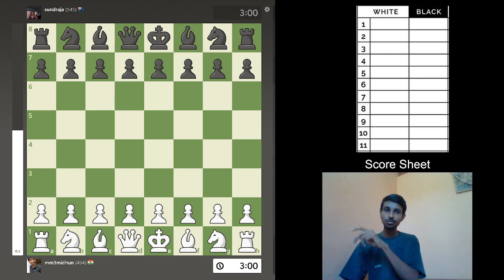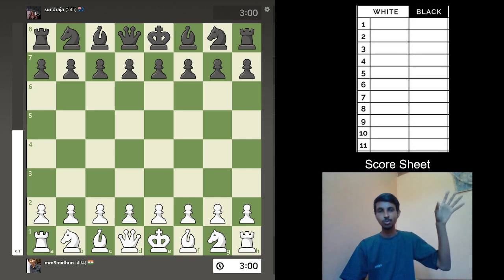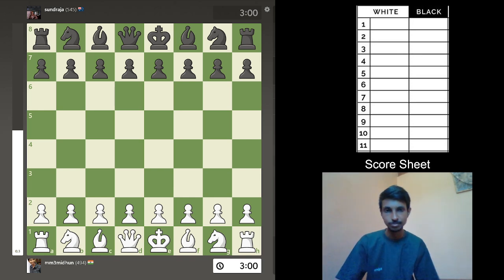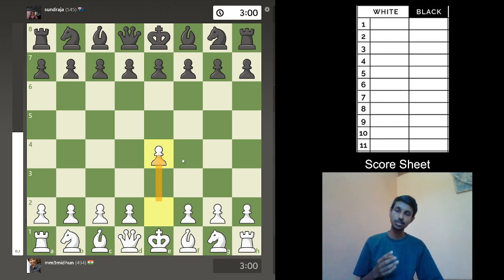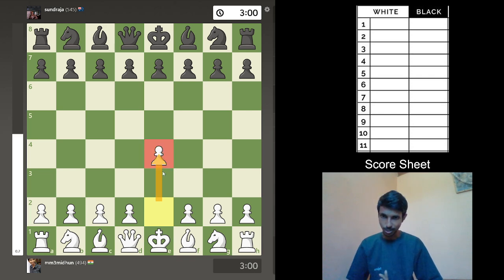So for each move, let us write whatever has to be written in the score sheet. Suppose I'm playing white, so we are playing e4, we're pushing this pawn to the center. How do you write this? Look at the square. So on e4, just write the name of the square, e4.